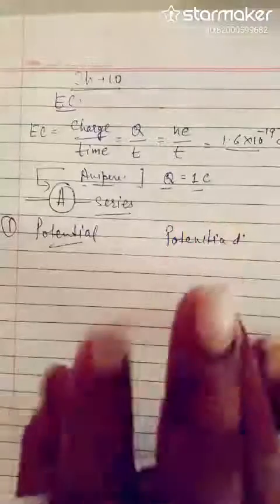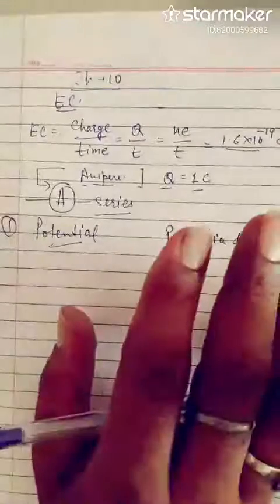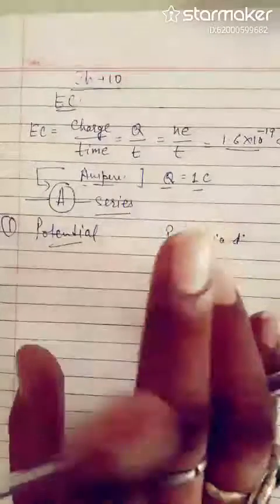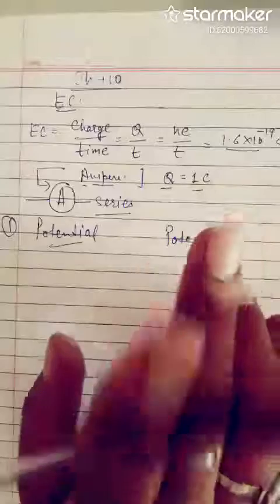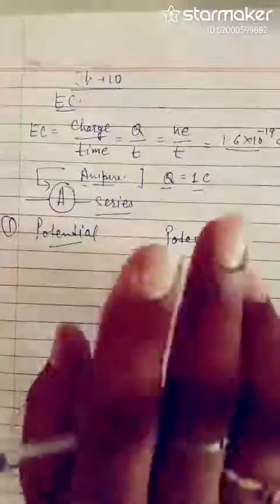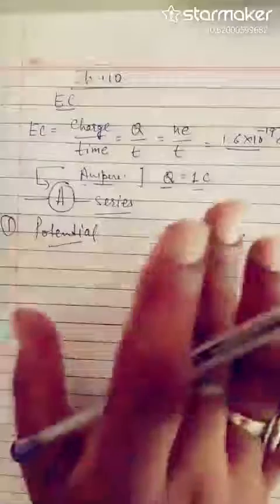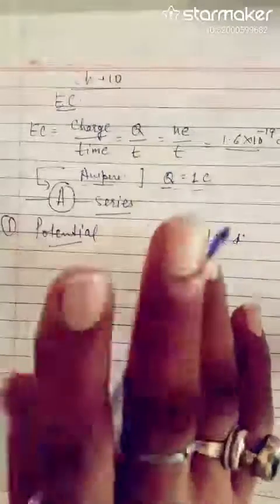If the potential of both bodies is the same, the potential difference, meaning subtraction, is zero, and there is no flow of current or charge.